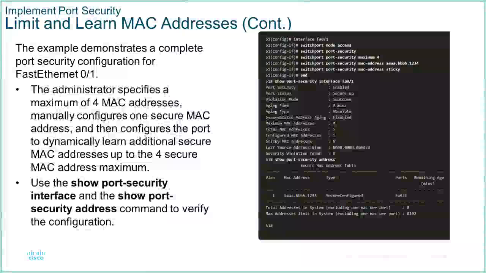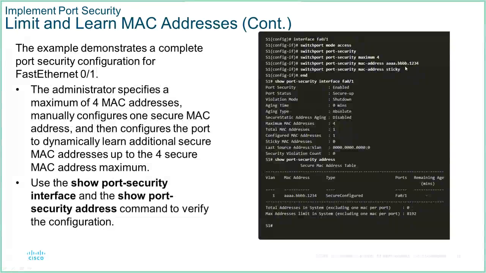Okay, so what does this look like for us in reality? When you configure, in this example, it's saying a maximum of 4 addresses, and then I'm going to statically assign one address, which is AAAB123, and then I'm going to add MAC address sticky.